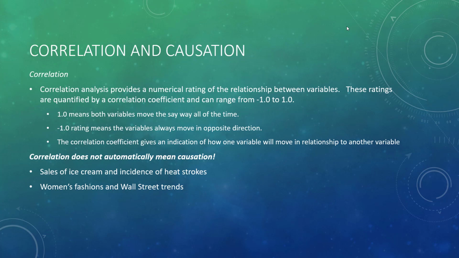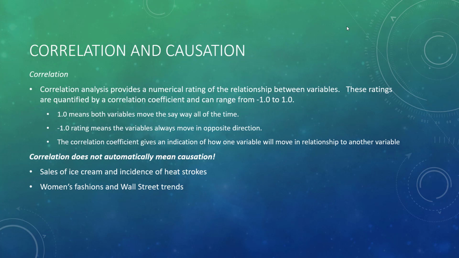And that would be a correlation coefficient of not necessarily 1, but close to a positive 1, because as the energy put in increases, the heat of the water will increase. -1 means the variables move in the opposite direction.